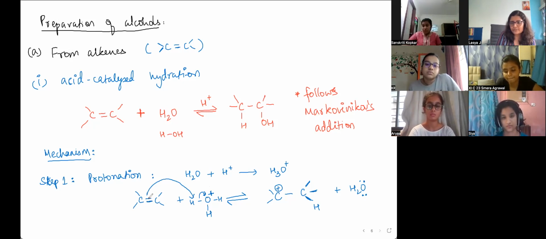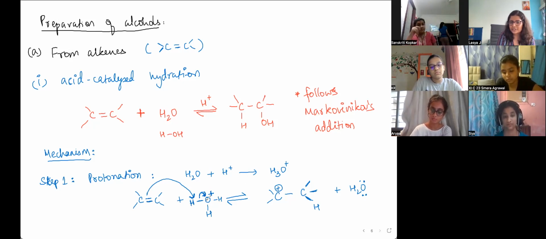So these pi electrons, the double bond breaks, and that attaches itself to the positively charged hydrogen. And this pair of electrons, oxygen is taking back its lone pair of electrons that it had shared with the proton. So this is going towards this.